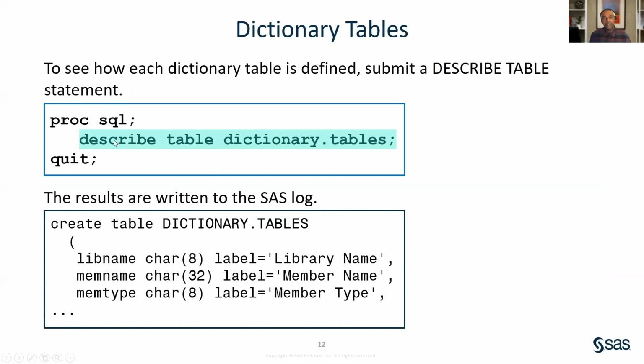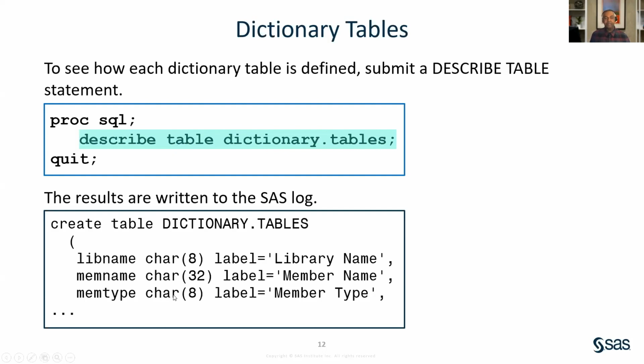We are using the PROC SQL describe statement to get a description of the table called dictionary.tables. Remember I said that tables is one of those dictionary files that contains a lot of information. So in that dictionary.tables file, you can get what's called libname, which has a library reference you set up, perhaps, or unless SAS set it up; the member name, which is the name of a table; and member type.